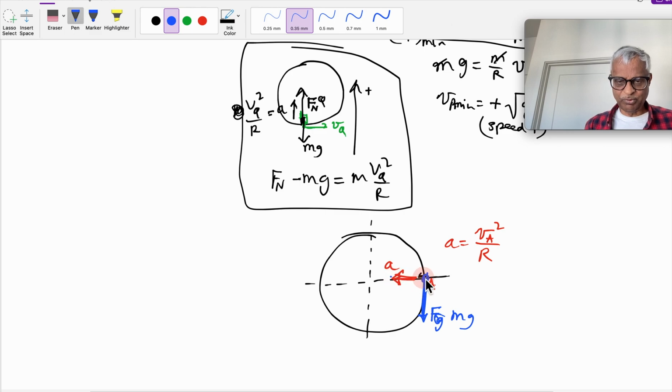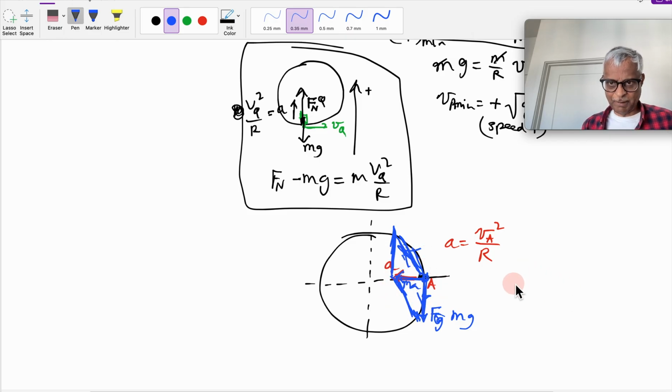The normal will have to point in some direction so that this vector plus this vector will be mass times acceleration vector.